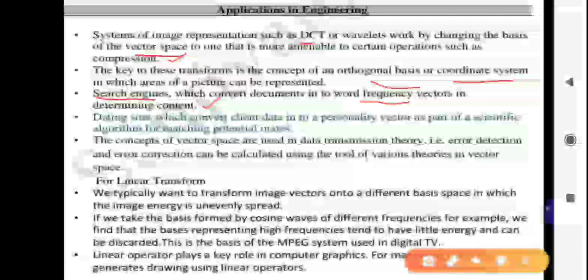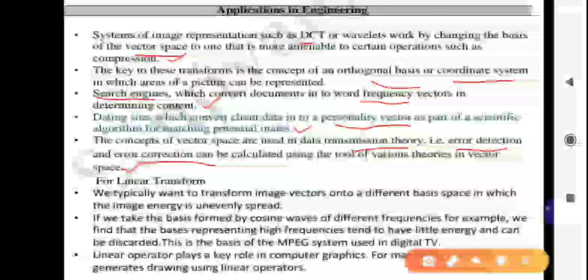Next application, dating sites convert client data into personality vectors as part of a scientific algorithm for matching potential mates. Next application, the concept of vector space is used in data transmission theory, that is, error detection and error correction can be calculated using the tools of various theories in vector space.